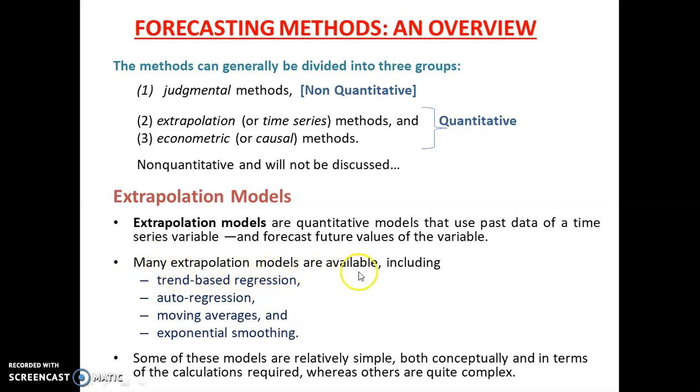Many extrapolation models are available, including trend-based regression, auto-regression, moving averages, and exponential smoothing. Some of these models are relatively simple, both conceptually and in terms of calculations required, whereas others are quite complex.